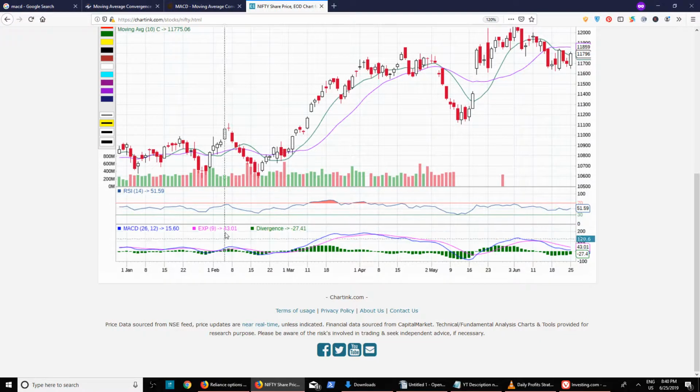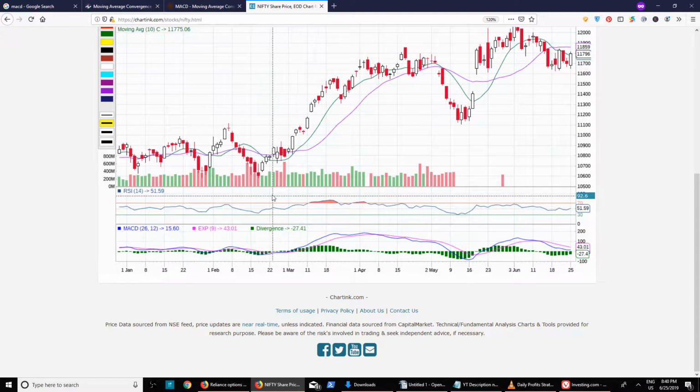So if this MACD line is above this particular signal line, that means the momentum is increasing and there is a good momentum going, and there is a buy signal. So basically people take trades when the difference between these two crosses above 0, because this is always in negative.